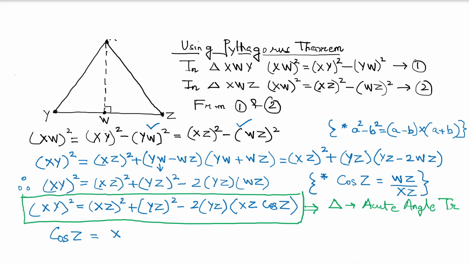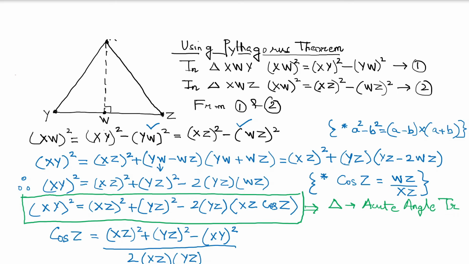So we'll be able to say that cos Z will be nothing but XZ whole square plus YZ whole square minus XY whole square, divided by twice of XZ into YZ. This is as plain as it looks.